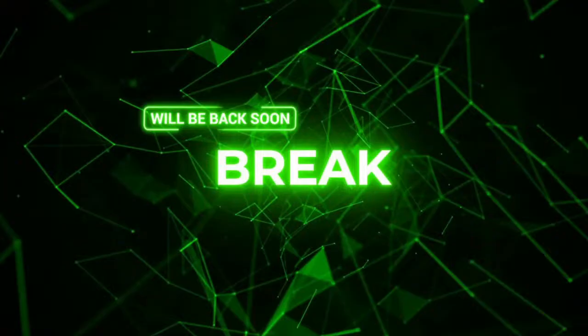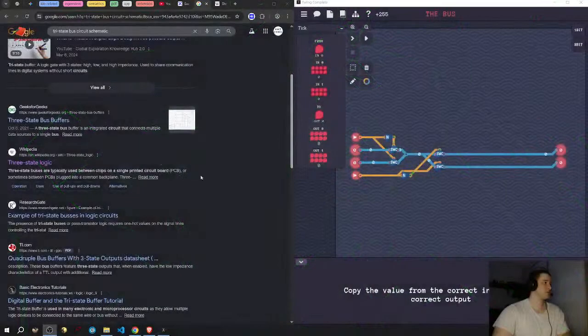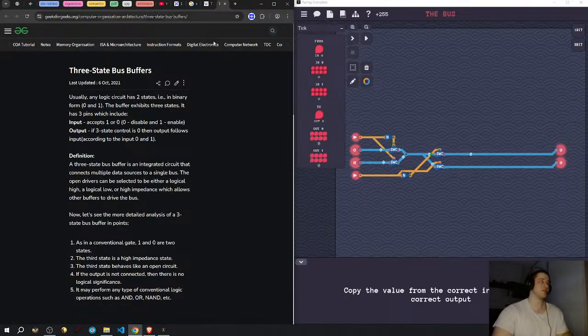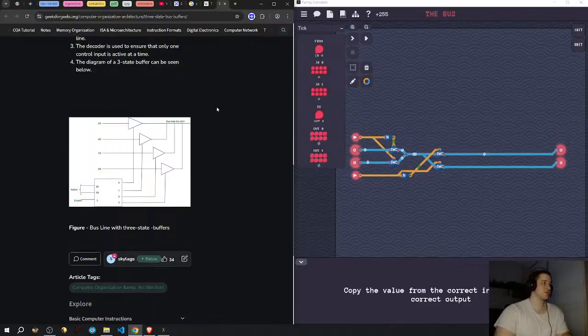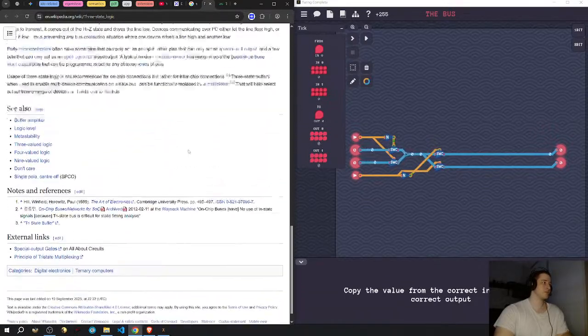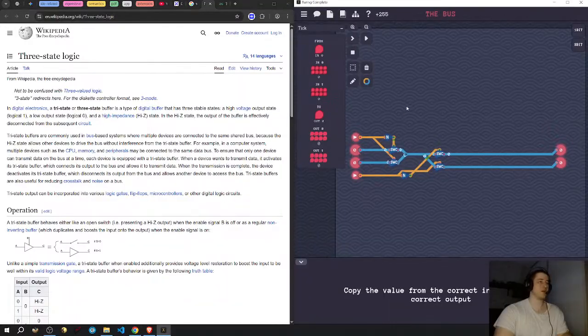But I'm not really sure if the one that I have here is the three-state or not. But since the name is bus, obviously I think there is something related to this. Yeah, whatever.